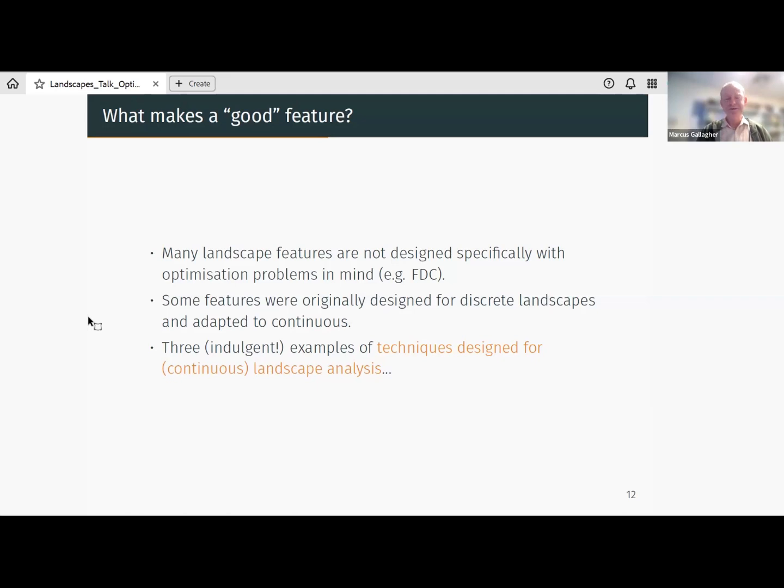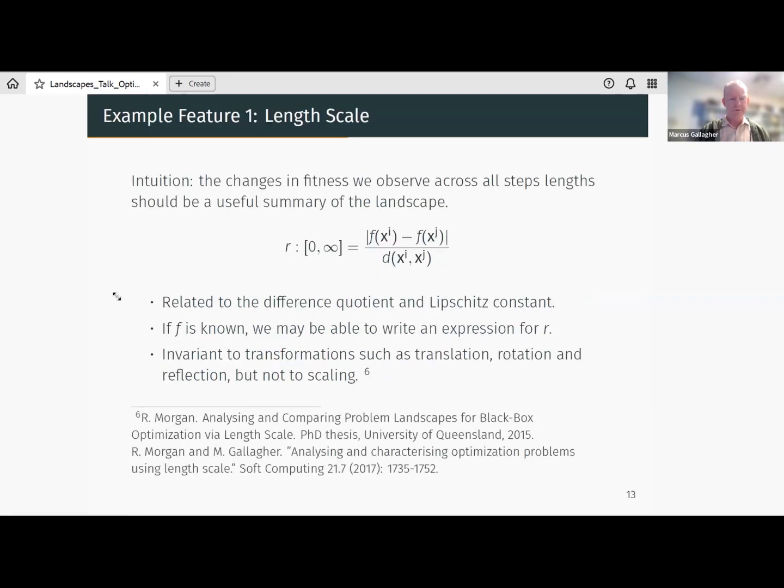I think these are interesting because they're designed specifically with the objective of trying to analyze a continuous landscape, rather than being something more general. They're meant to be a bit more specific. So we'll have a look at those, and I'll just give you the idea of what's going on.